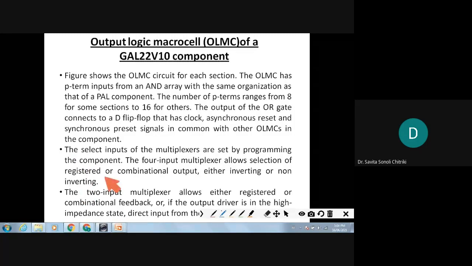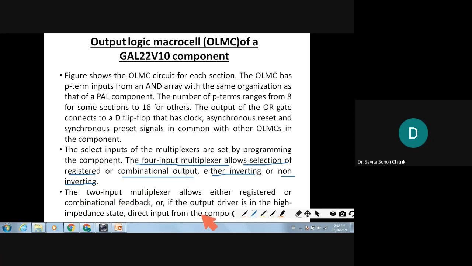So the 4 input multiplexer allows a selection of the registered or combinational output, either inverting or non-inverting. The 2 input multiplexer allows either registered or combinational feedback, or if the output driver is in the high impedance state, direct input from the component pin.